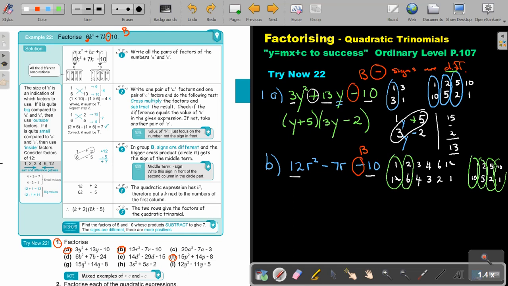And test it again with this 4. So this is going to be 20, and this is going to be 6 now. And then this is going to be 10, and this is going to be 12. Let's see. This is going to be 12 and 10. It's not going to work.